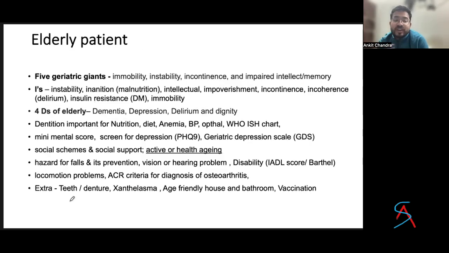For the elderly, there are a lot of acronyms. They might ask you. There are 5 geriatric giants: immobility, instability, incontinence, impaired intellect or memory impairment. This is what you can assess, or you can assess for 4 Is or for 4 Ds. There are generally a lot of scales. One of the important scales for the elderly that we always try to assess is the Barthel index.